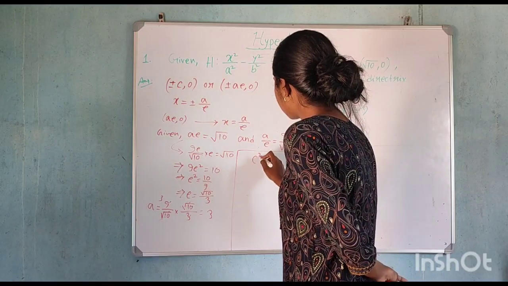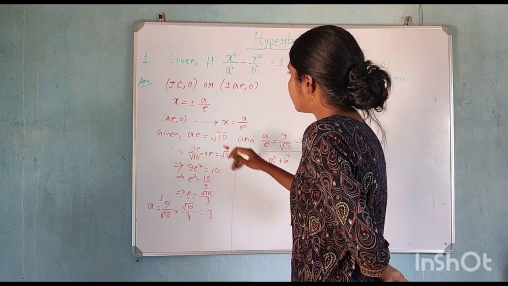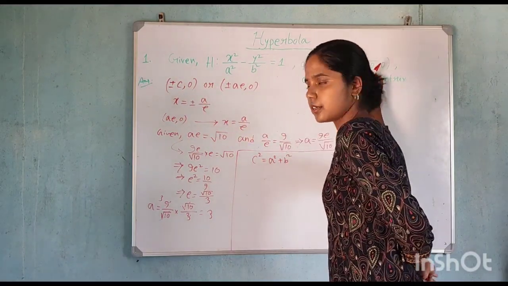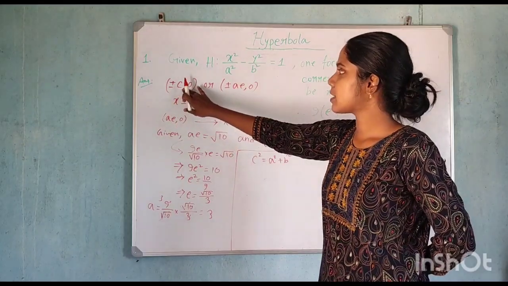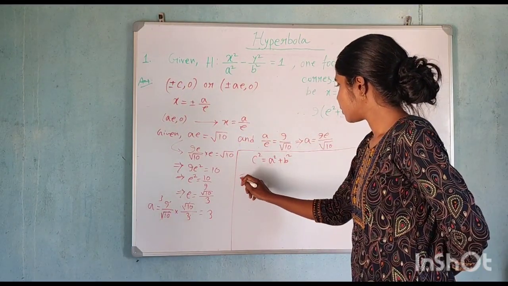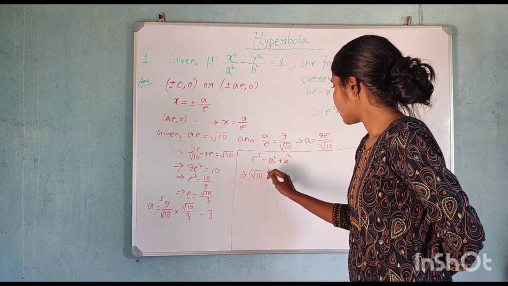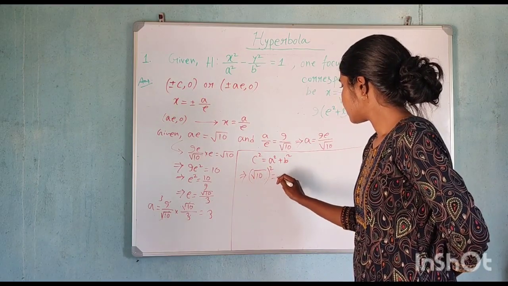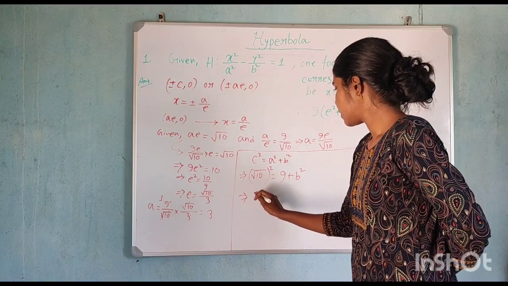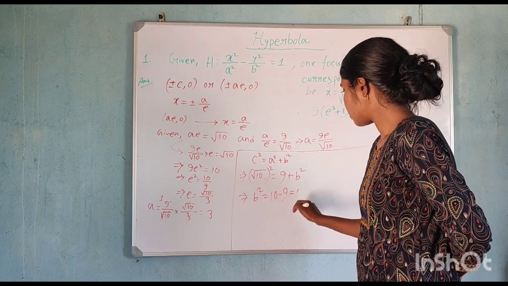Now c is given here as root 10. What is ae? ae is the same as c. So c is root 10, so root 10 square, and a here is 3, so it will be 9 plus b square. Okay. So b square equal to 10 minus 9, which is 1.